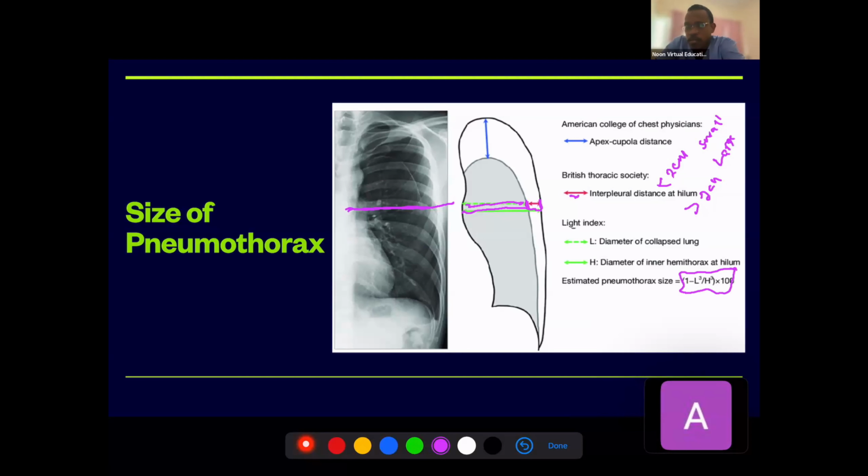You will apply this equation, and then it will give you the size, and it is the same, large pneumothorax or small pneumothorax. This is very important, and it is just an estimation. It is very good for you to classify and categorize the pneumothorax in a matter of management and disposition.